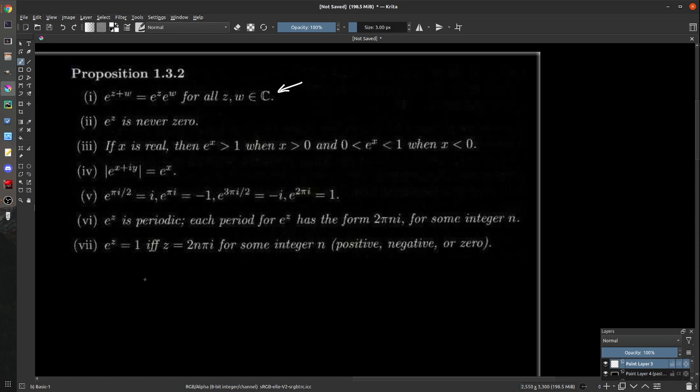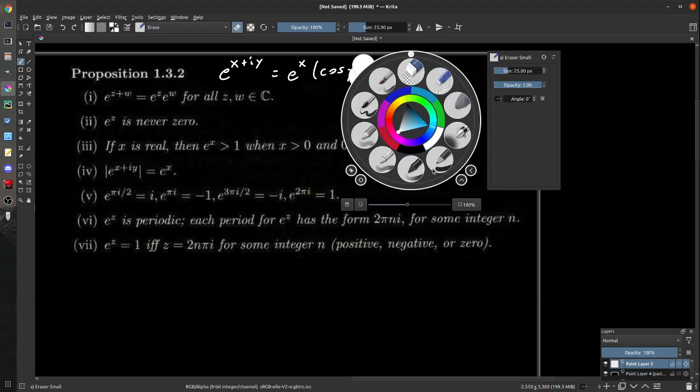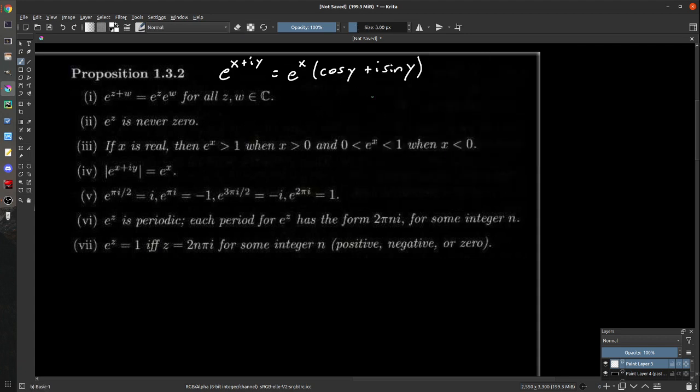This is pretty obvious just from the fact that, remember, e to the x plus iy, e to the z if you want, is e to the x, regular old real exponential, times cosine y plus i sine y, regular old real sine and cosine.